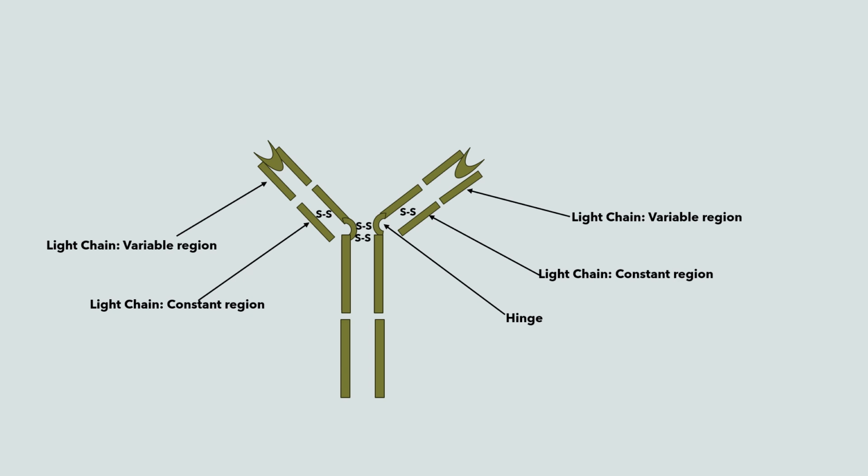There are three on the heavy chain and three on the light chain, and they contain these complementary determining regions, the CDR. They contain or form the paratopes, and those paratopes are what interact with the epitopes on the antigen.